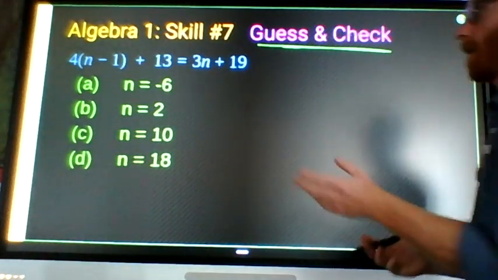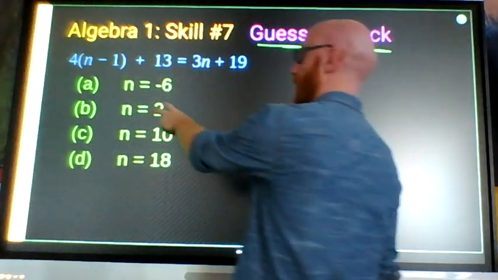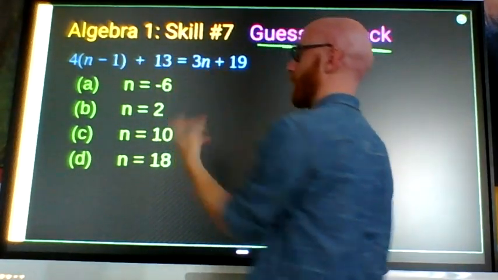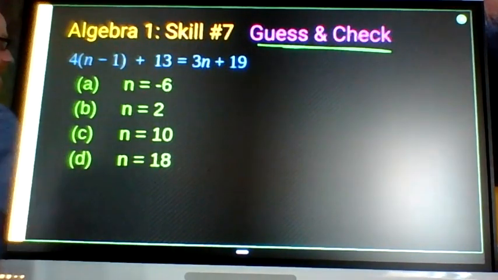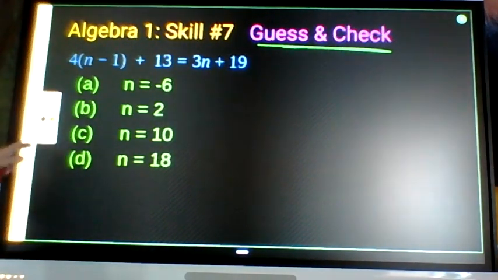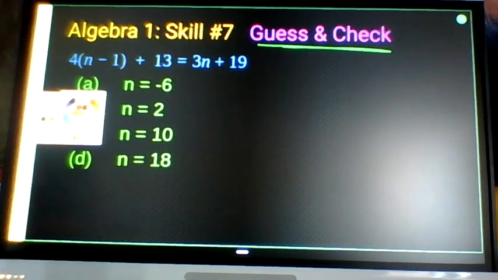I'm asking, is 2 the answer to this? Yes or no? Is 10 the answer to this? Yes or no? Is negative 6 the answer to this? Yes or no? And I know, multiple choice, one of these has to work. So I could just try things. I'm going to start with my 18.